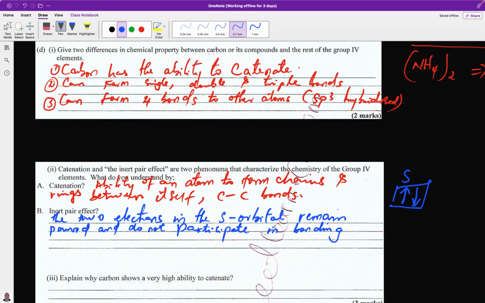Because to participate in bonding, you need to unpair them. Either you need to promote this one to a higher energy level. Unpairing them will require a high energy. So they remain paired, spinning in opposite direction, and do not participate in bonding.